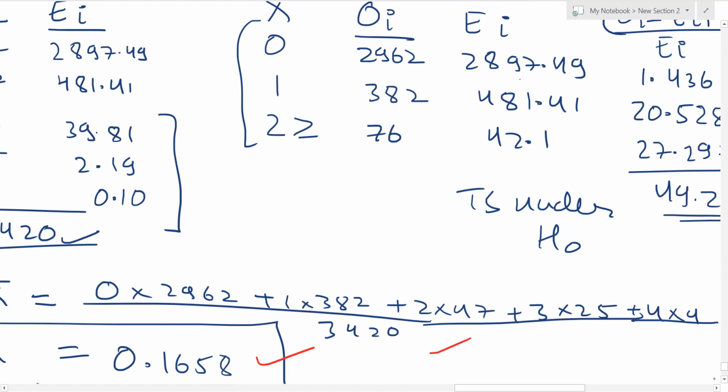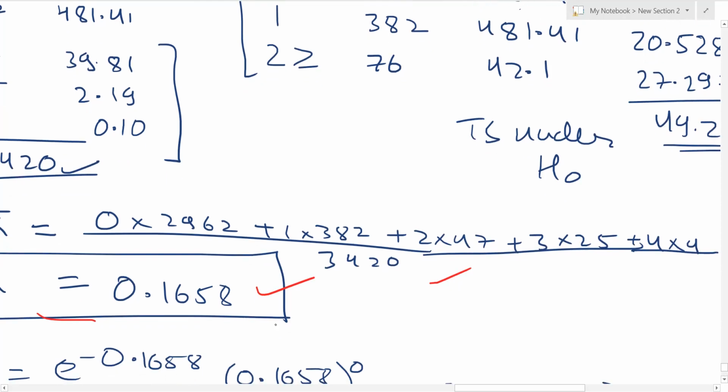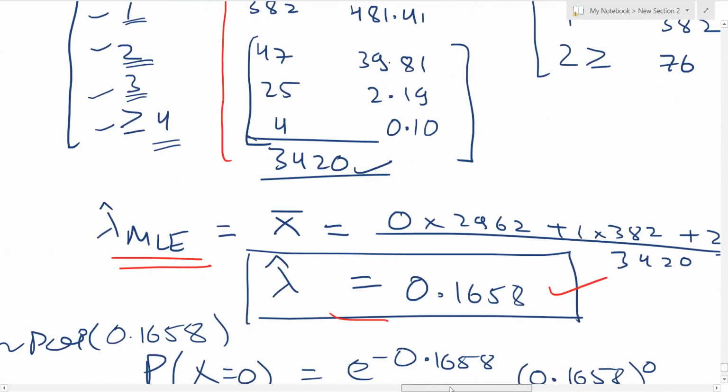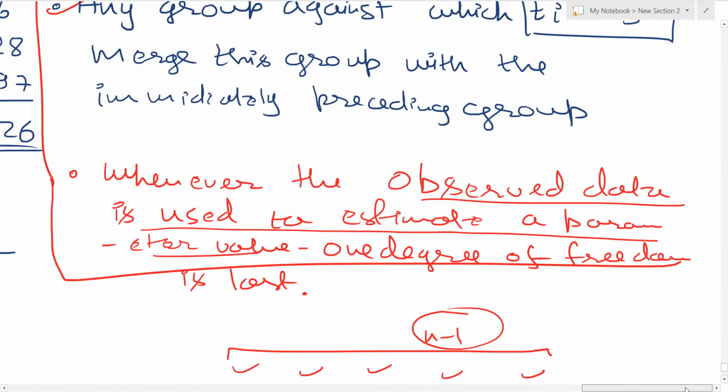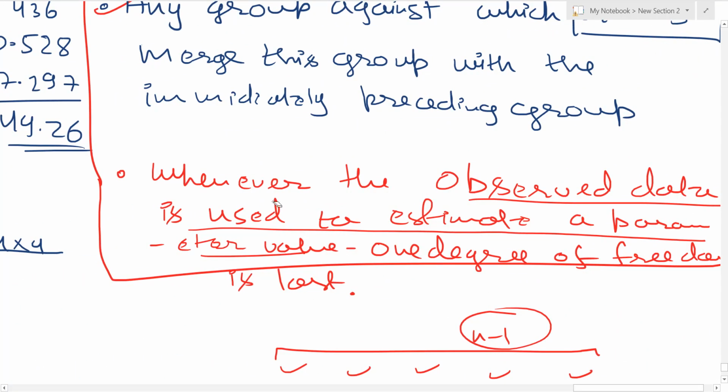So whenever you use the observed data to estimate the parameter value, 1 degree of freedom is lost. If there were two parameters estimated using the observed data, we would have lost 2 degrees of freedom. Three parameters, 3 degrees of freedom. So for every parameter that you estimate through observed data, 1 degree of freedom is lost. That is one clear thing that you have to remember.